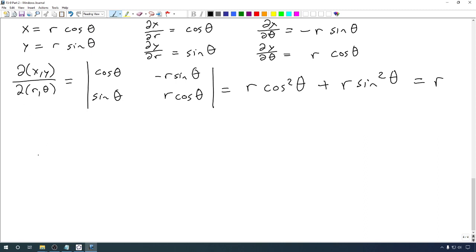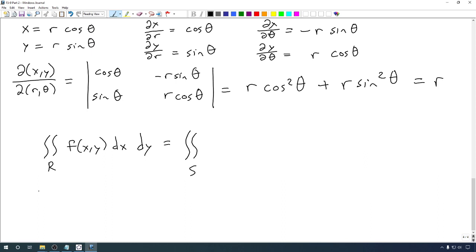If we write that into our change of variables formula, we have our integral over some region in the xy plane of some function of x and y. Instead of putting dA here, let's put dx dy, just to specify that we are working in x and y variables instead of r and theta. So the integral over some r is the integral over some s.